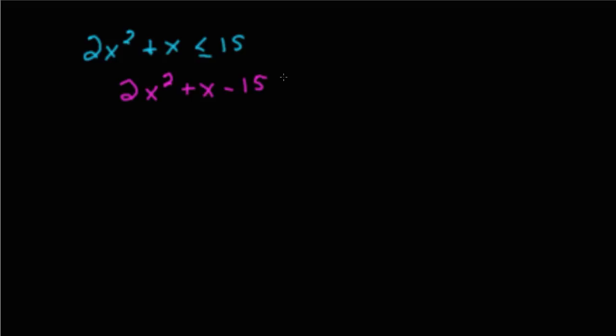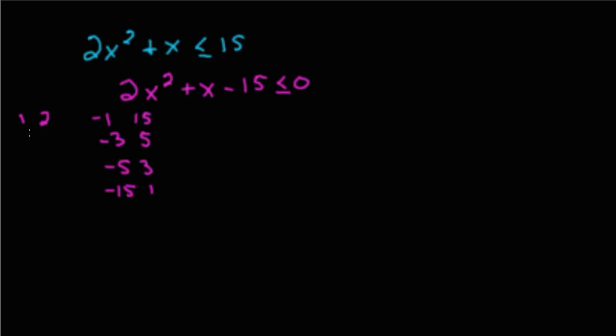Well, we'll factor this again. This one will be a little bit trickier because there's a 2 here, but it's the same idea. The factors of 2 are 1 and 2. The factors of negative 15 are negative 1 and 15, negative 3 and 5, negative 5 and 3, and negative 15 and 1. We want factors that, when multiplied and added together, give us a positive x.